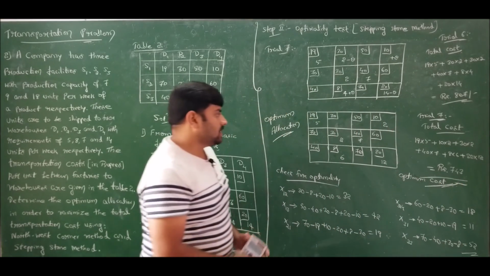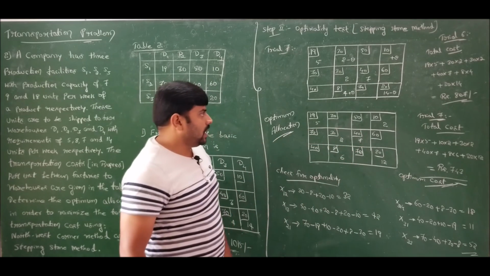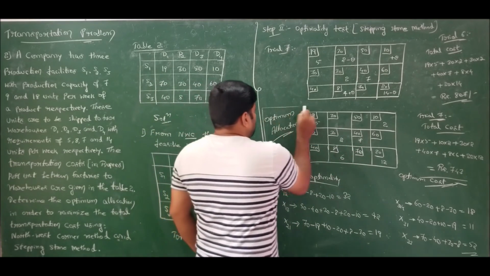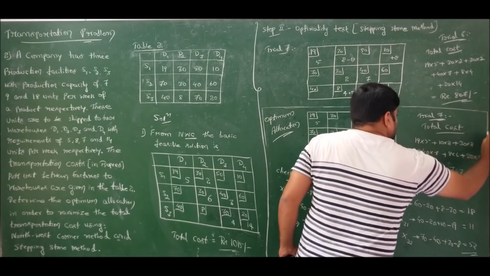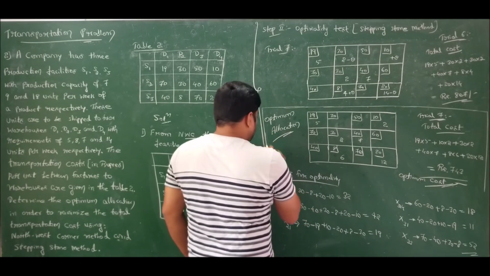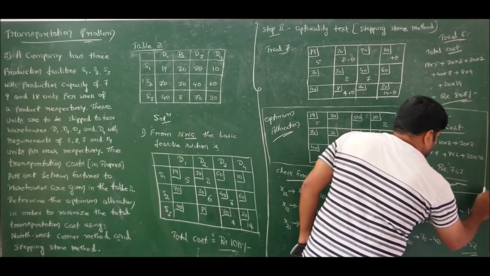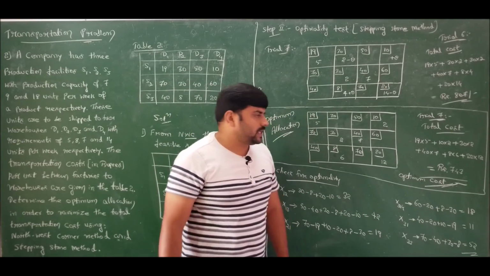The optimum cost is found to be rupees 743, and this is the solution for problem number 2 by using the stepping stone method.